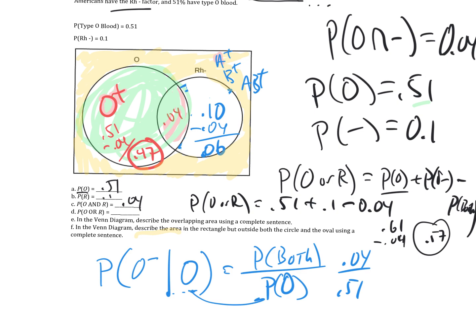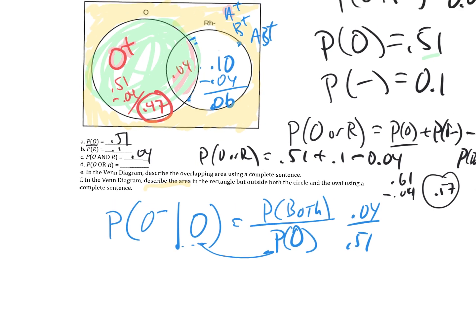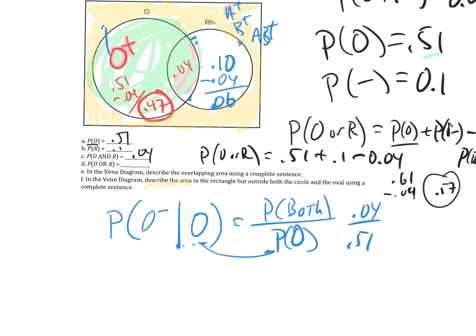What's the probability that somebody has O negative blood, given that they're Rh negative? In this case, we would say 0.04 because the probability of both is still 0.04, but the Rh negative probability is 0.1. So won't that be 40%?